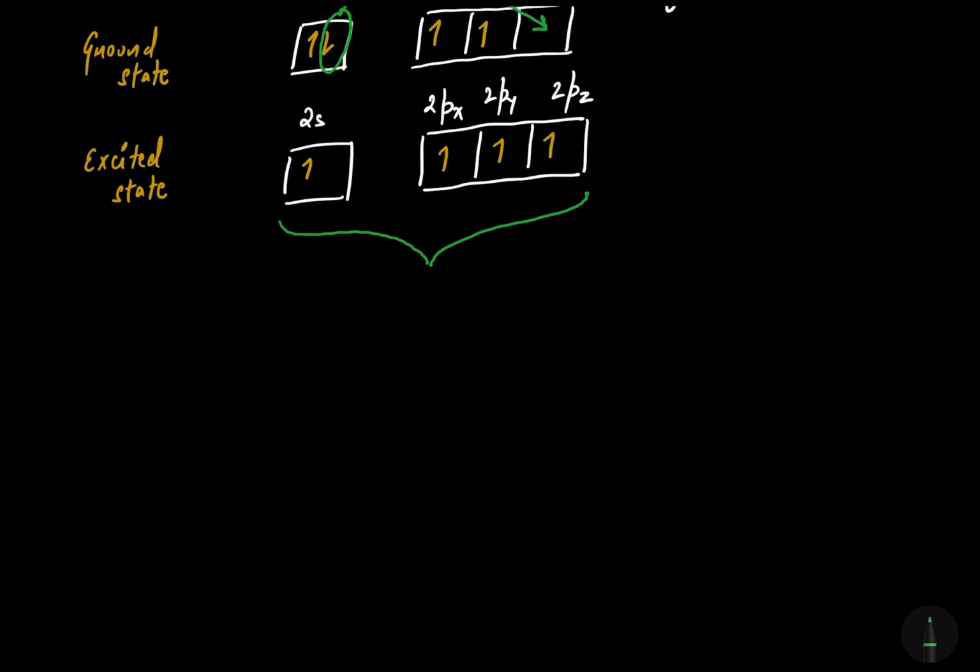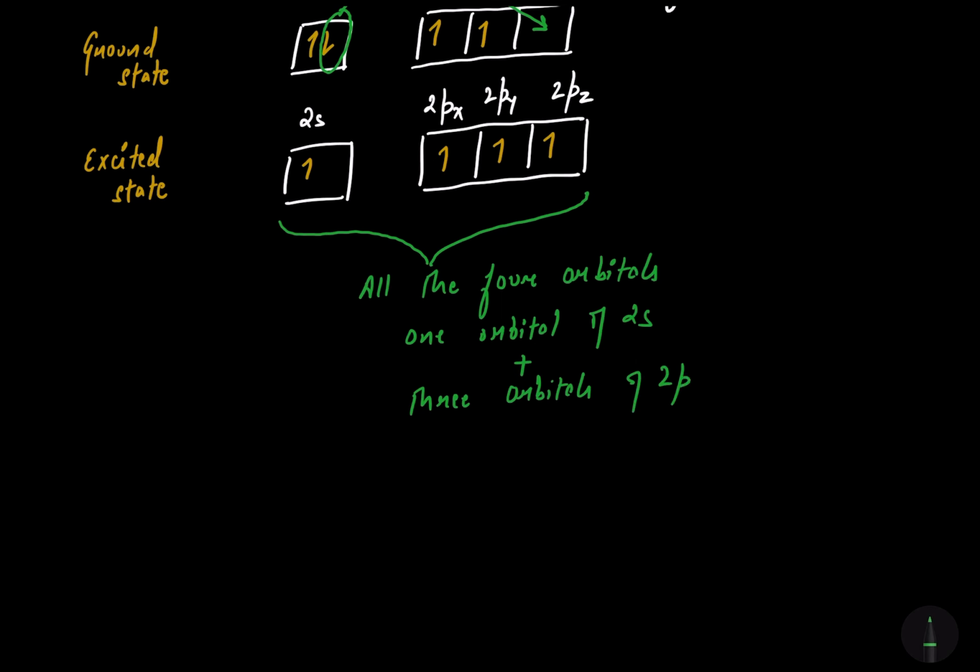All the 4 orbitals, I am writing: one orbital of 2s plus 3 orbitals of 2p will intermix with each other to form, firstly, a homogeneous mixture.